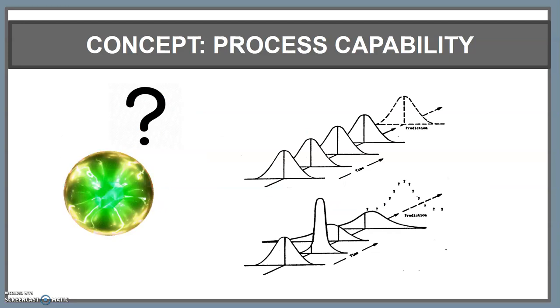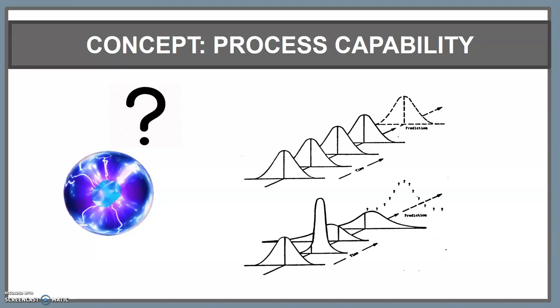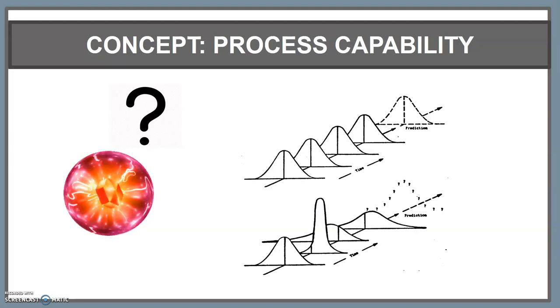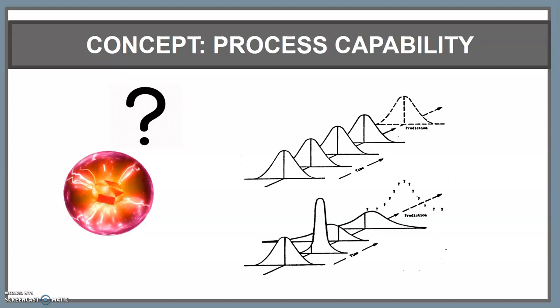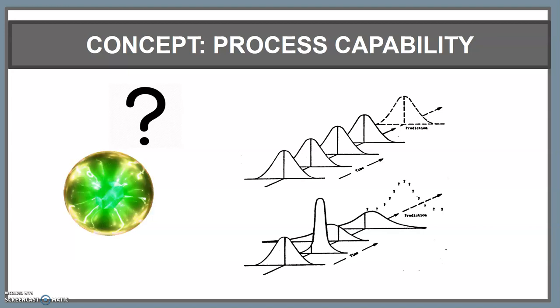Okay, what's the concept of process capability? The purpose of process capability is like a crystal ball, you are able to predict the future. For example, you can predict what the test will be in the next few weeks. The crystal ball will tell you maybe the test will come out with a QC2 problem. This is the function of the crystal ball.